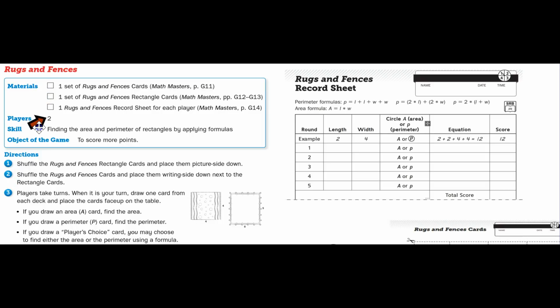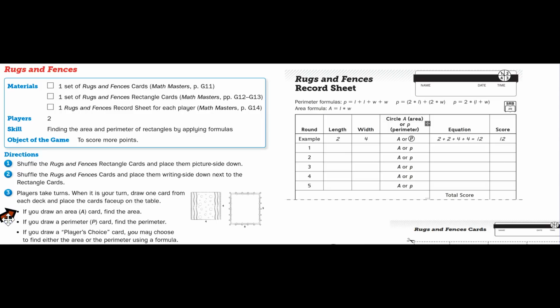This is a 2-player game. You'll be finding the area and perimeter of rectangles, and the object of the game is to score more points. So, you'll shuffle both sets of cards and place them face down next to each other on the table. Players will take turns. When it's your turn, you'll draw 1 card from each deck.